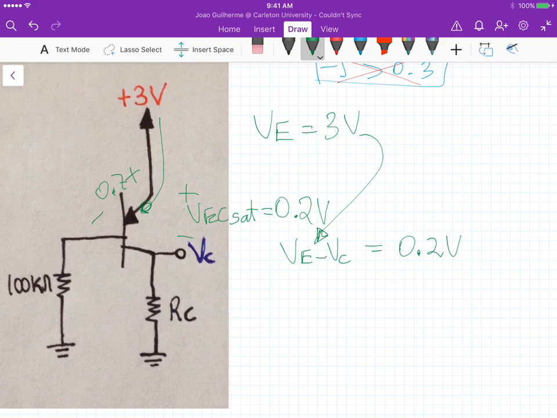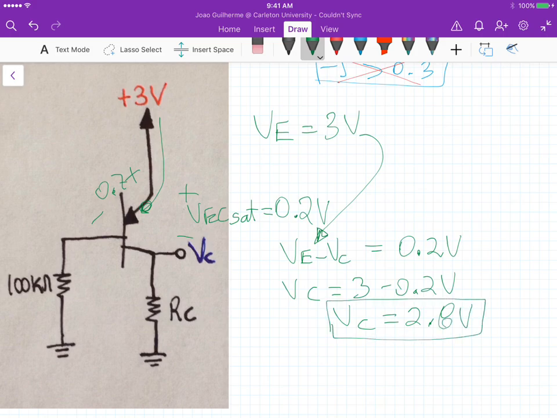So in this case, VC is equal to 3 minus 0.2 volts. This gives us a VC of 2.8 volts. So that's our value for VC, okay? Assuming that with this new BJT of beta equals 100, the circuit is actually operating in the saturation mode.